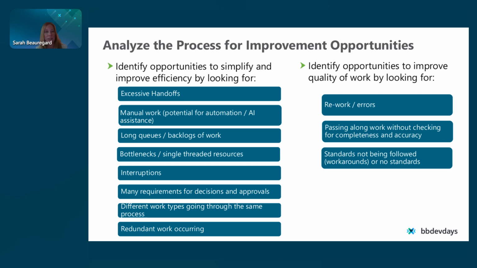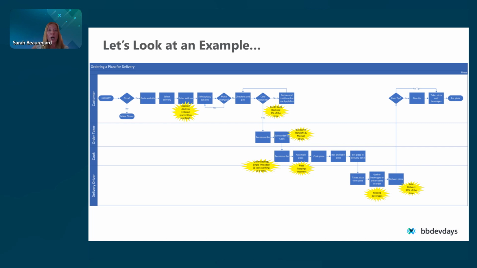So that's a good place to look, as well as if you have a lot of requirements for decisions or approvals, that sometimes tends to hold processes up, as well as bottlenecks or queues of work. So again, just some places to look on your process for ways to really streamline for efficiency, as well as how to start to identify what might be happening that's creating issues with the work that is being done today.